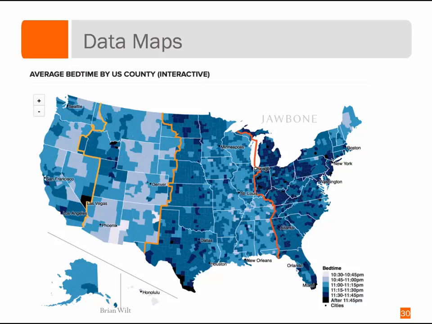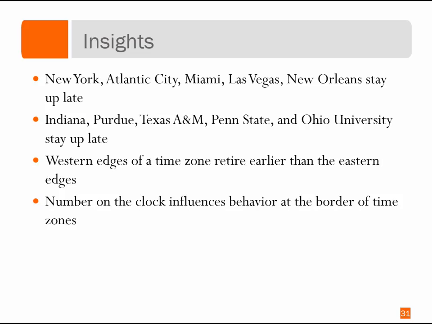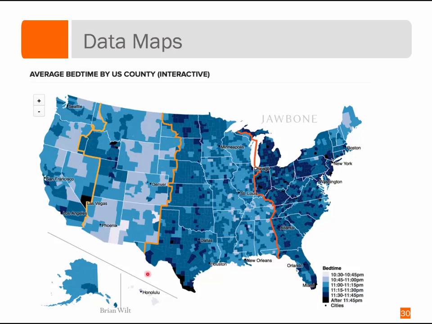The phenomenon that's going on there is a behavioral phenomenon: the number on the clock influences behavior at the border of time zones. So if you happen to be in this particular time zone, here on the left-hand side, you might have an earlier bedtime.